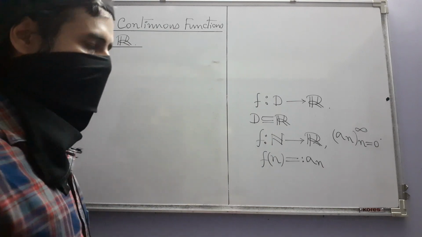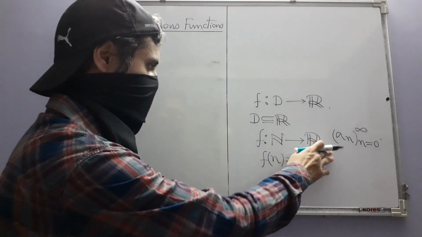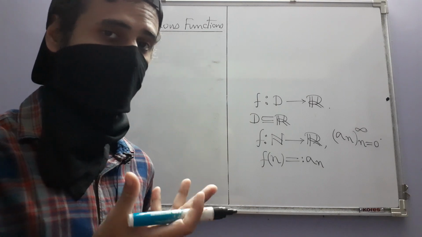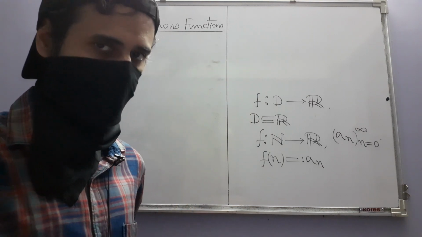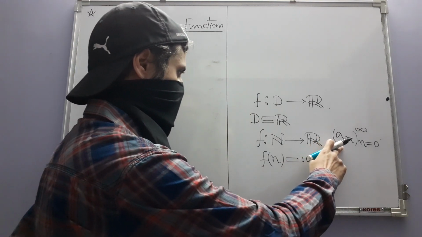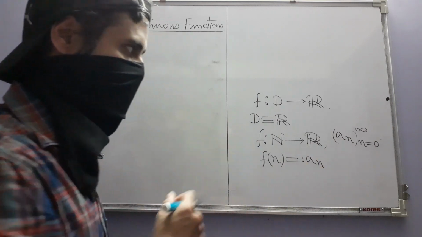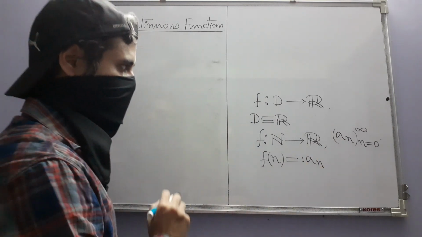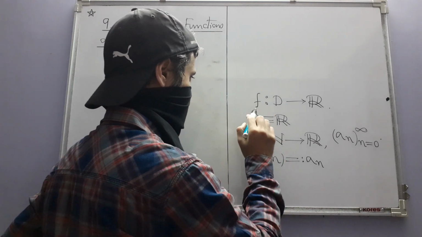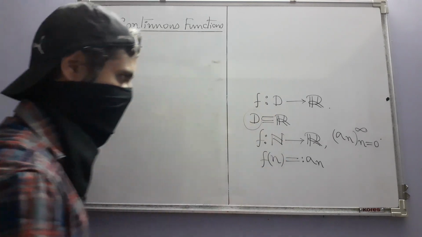This we have studied extensively. We have seen the notions of convergent sequence, divergent sequence, and convergence means there is a limit. Now we are going to do a similar thing for some other types of sets D.